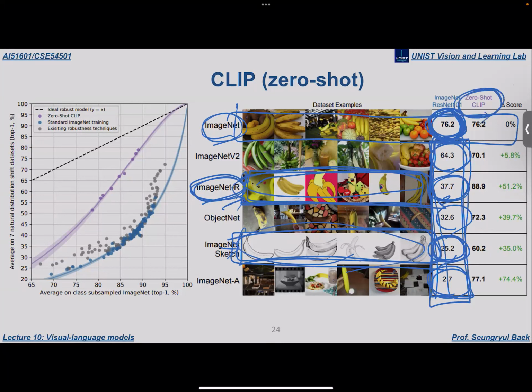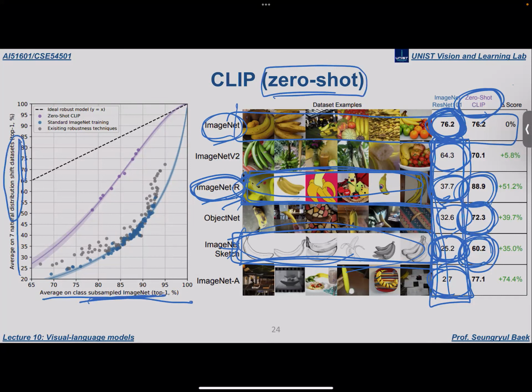But interestingly, CLIP is good at generalizing its performance on different style testing data. So this is also a very good characteristic of CLIP. This is the average performance for the subsampled ImageNet testing data, and this is the performance on the distribution shifted datasets.